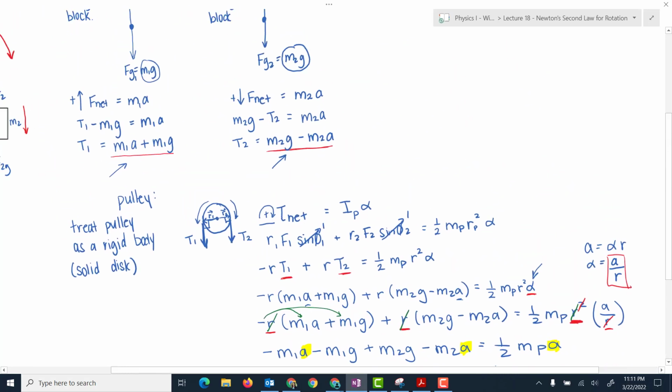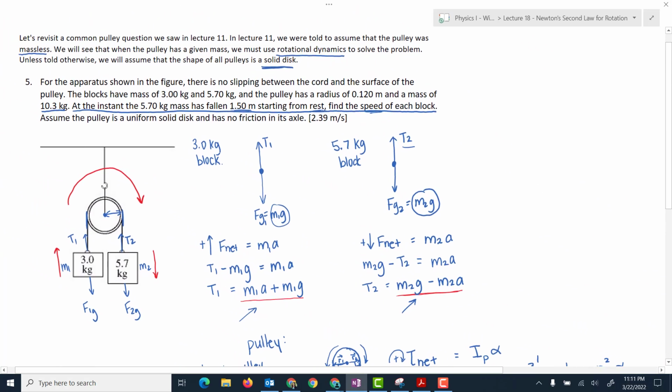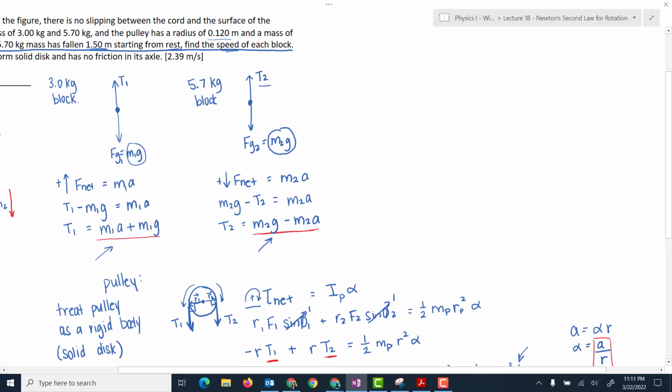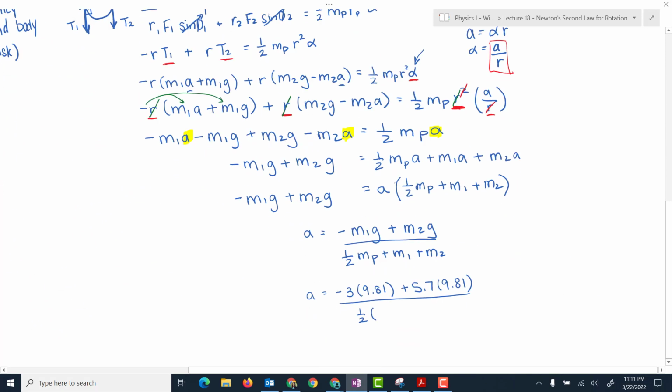So I'll go back to the question just to make sure. The mass of the pulley, it tells us that it is 10.3 kilograms. Okay, the pulley has a radius of 0.120 meters and a mass of 10.3 kilograms. So it's 10.3 plus mass 1 again, which was 3, plus mass 2, which was 5.7.